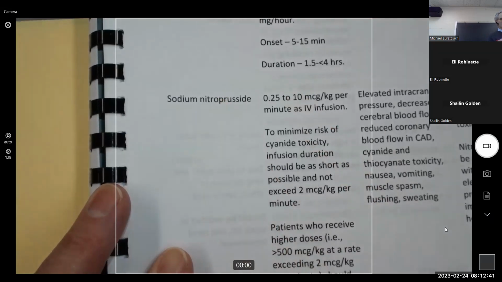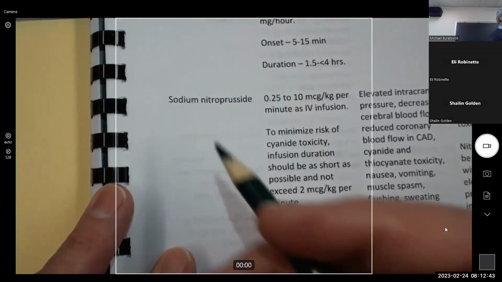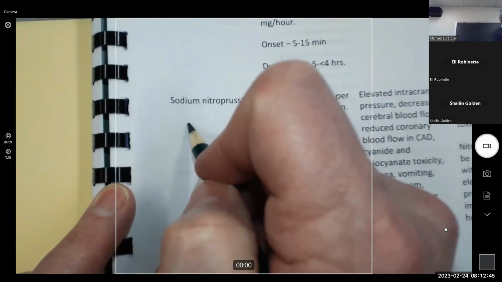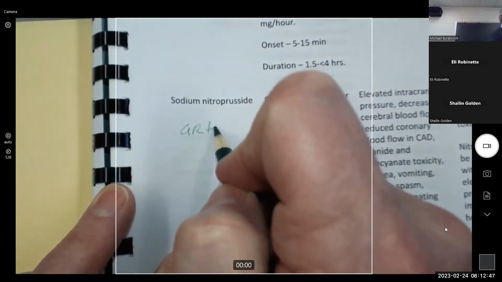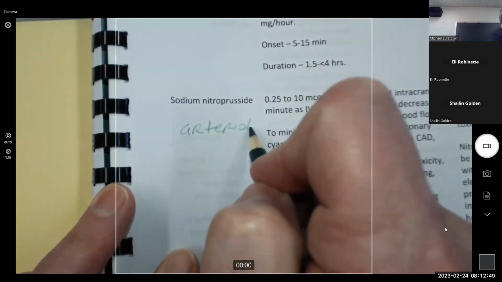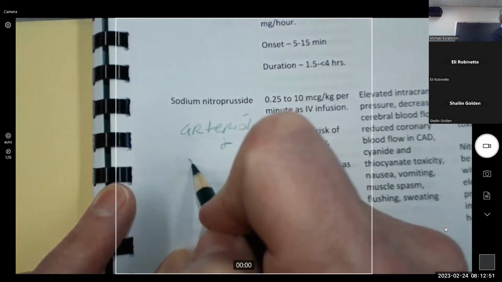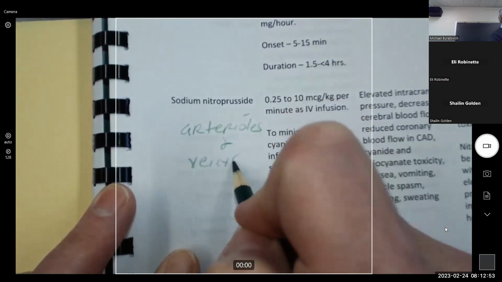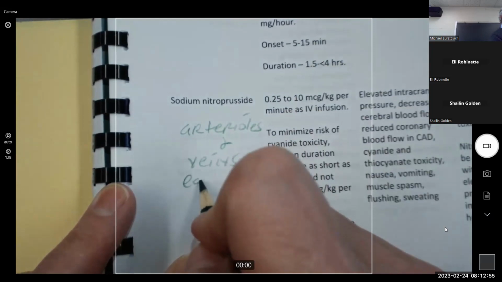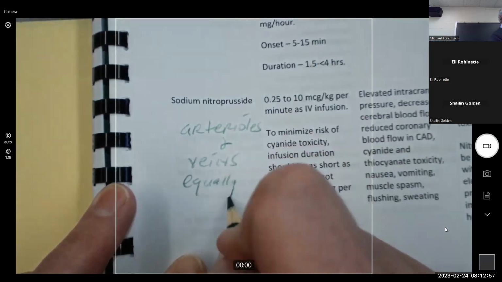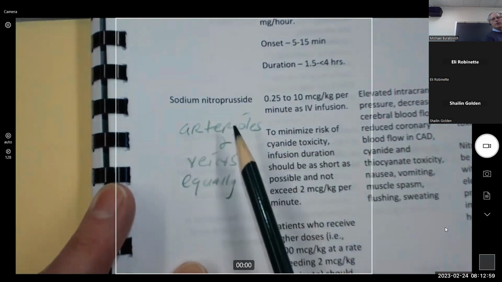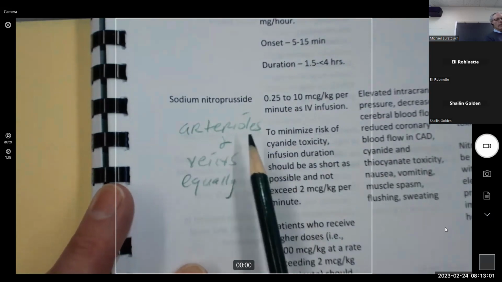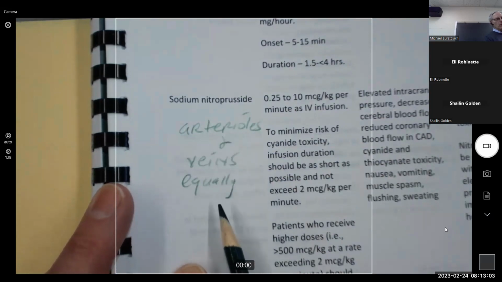The beauty of this drug is that it is going to dilate arterioles and veins equally. So because it dilates arterioles and veins equally, it does a very good job of lowering blood pressure substantially.